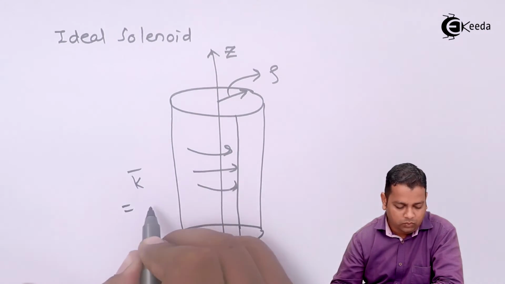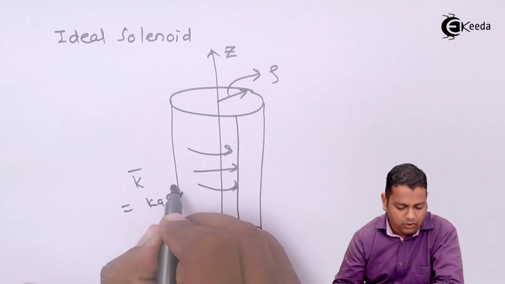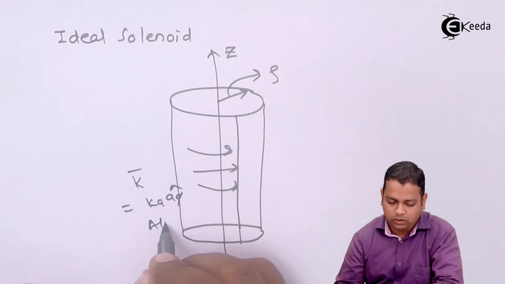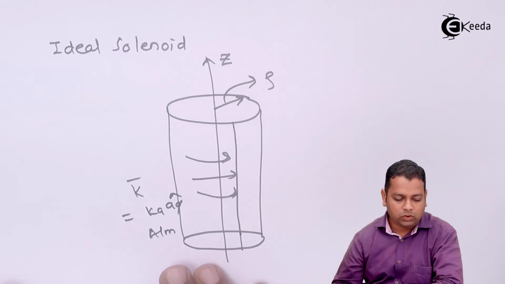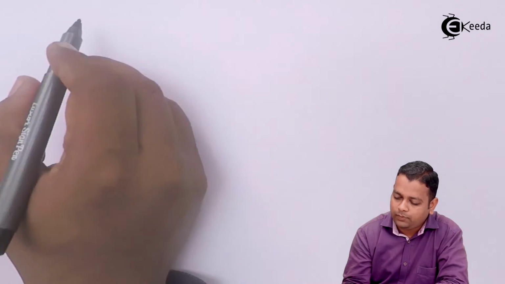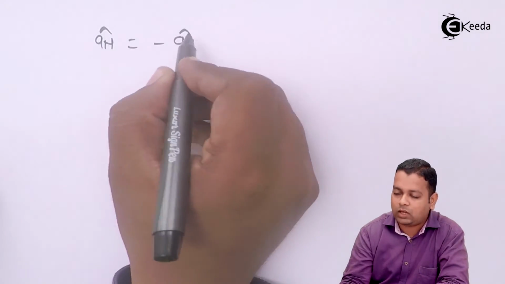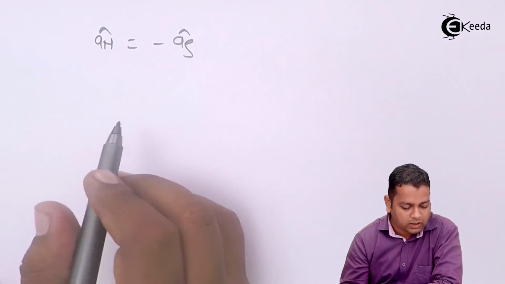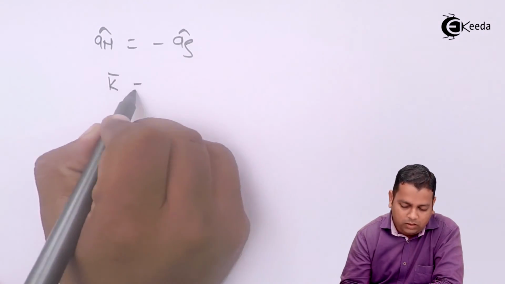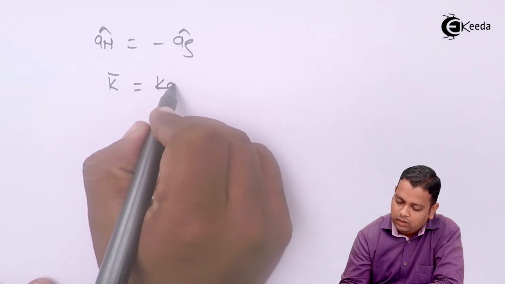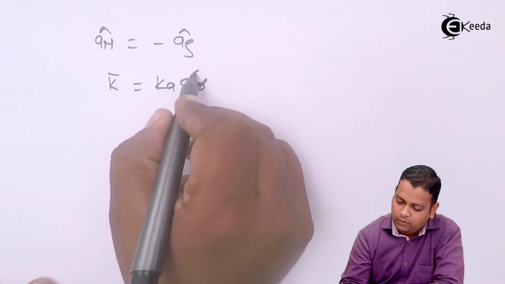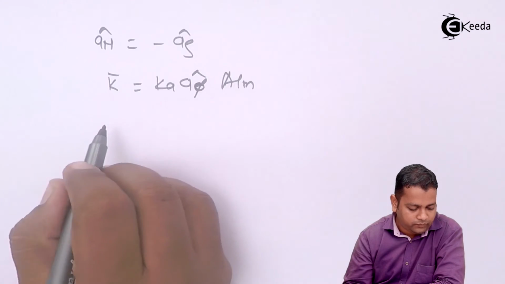So K bar will be equal to K_a a_phi cap in ampere per meter. So in the case of ideal solenoid, we have a_n cap represented by minus a_rho cap. It is having the reverse direction. K bar just now we have represented by K_a a_phi cap in amperes per meter.